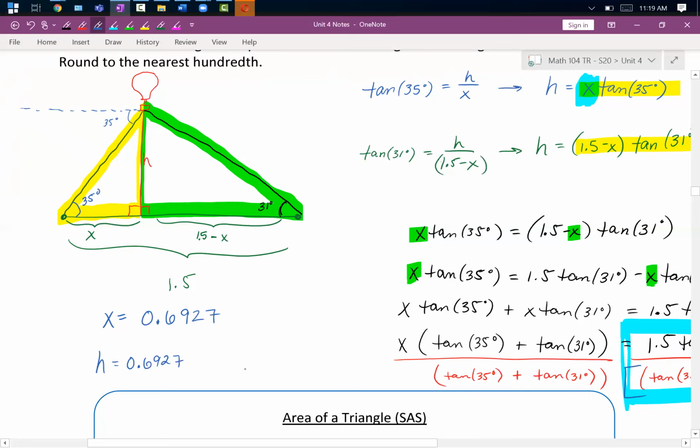And then to get the height, we're just plugging that into our one height formula. You could plug it into either. It's just the top one looked easier. And we'll get our height, rounded to the nearest hundredth. Anybody get an answer? It won't be something very big because we're in the unit of miles.